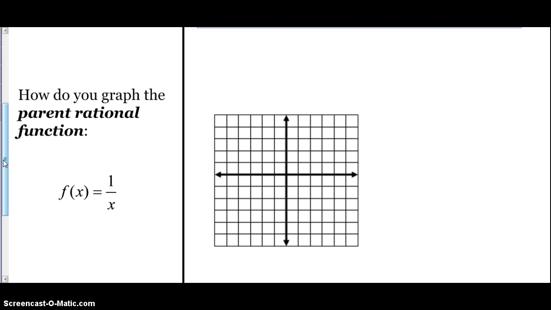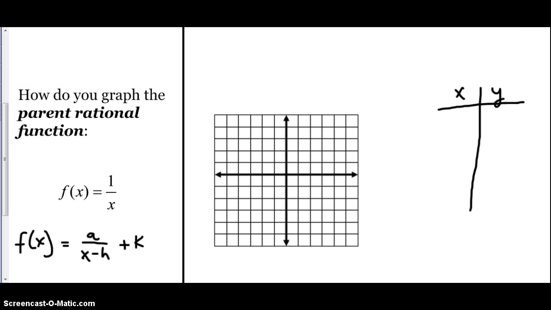So the first thing is to realize what the parent rational function is. Just like all of our other functions, quadratic, absolute value, we have a parent function when it comes to our rational function. In our parent rational function, we have the same letters that we're used to seeing throughout, our A, H, and K, and it would be written in this way.